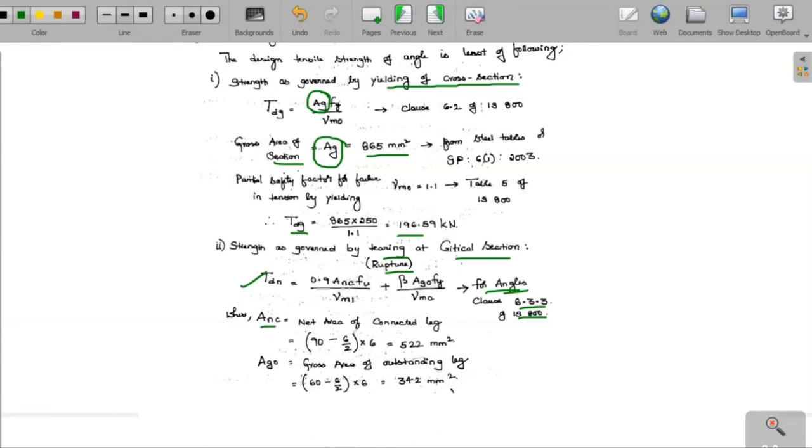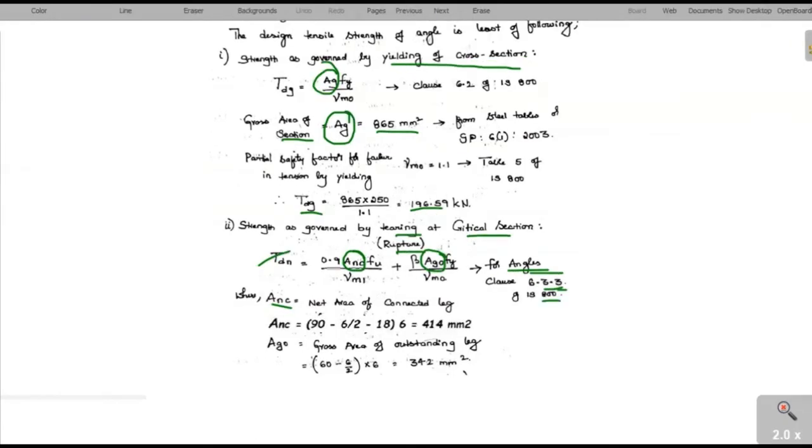So Anc and Ago are to be calculated. Anc is the net area of the connected leg, and Ago is the gross area of the outstanding leg. Let me help you with the calculation of Anc and Ago.